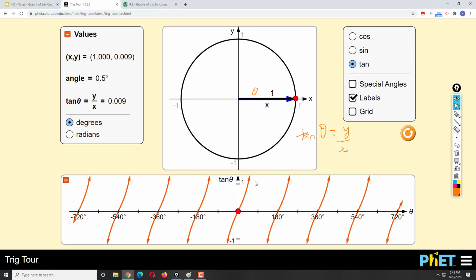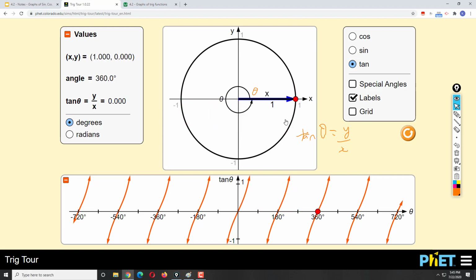So tangent of 0 is also 0. So tangent also starts at 0. As we go up to 90 degrees, tangent goes up really quickly. Whoa, it goes to infinity. Why? Because tangent of 90 degrees is undefined. Y becomes 1 and x goes to 0. In fact, it could be positive or negative infinity, because on the other side, it starts at negative infinity. Like that.